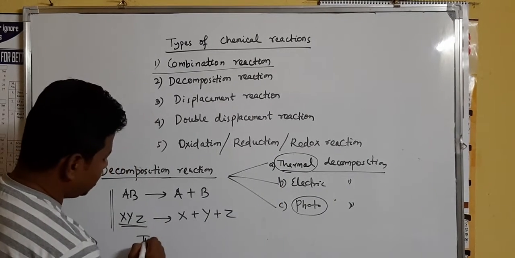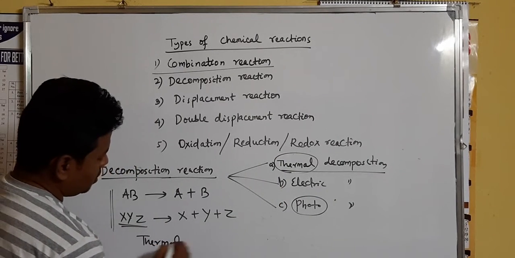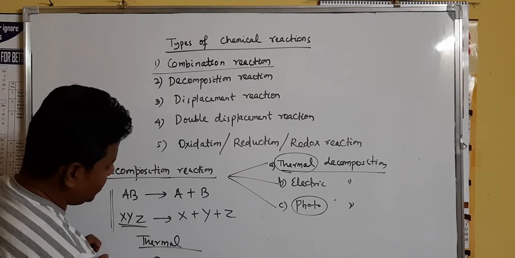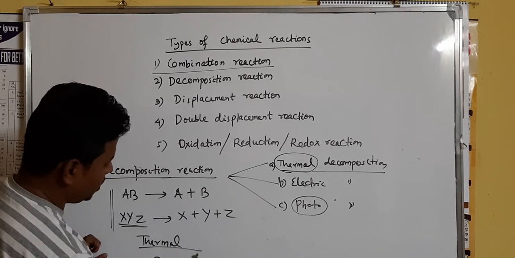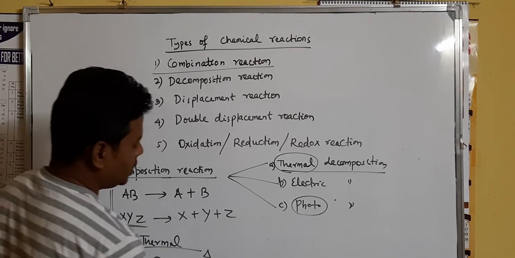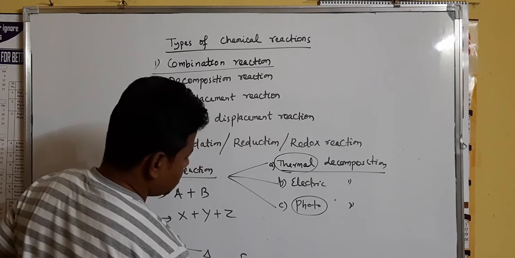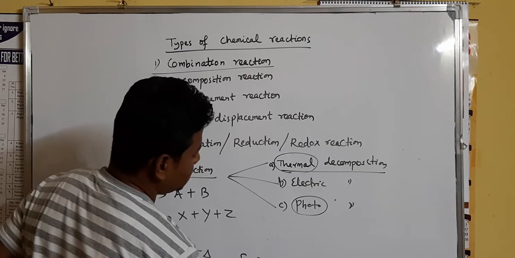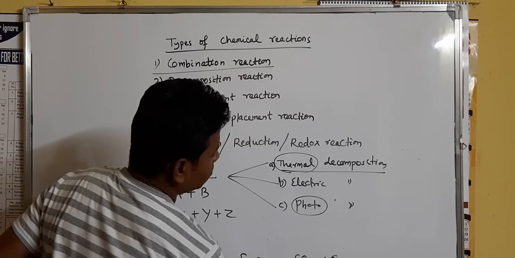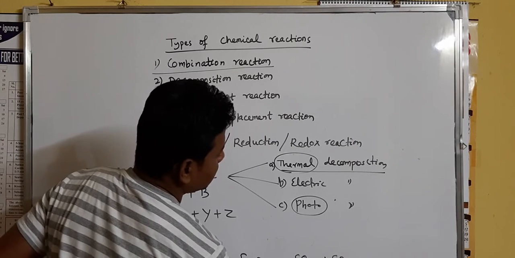In thermal decomposition, 2FeSO4, which is solid, when heated forms Fe2O3 solid plus SO2 gas plus SO3 gas.